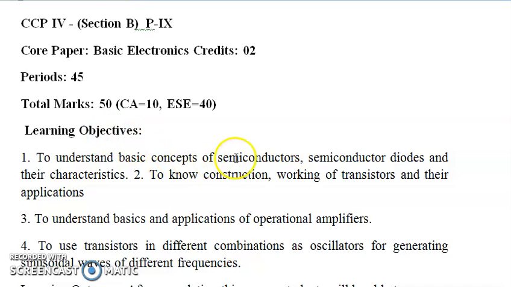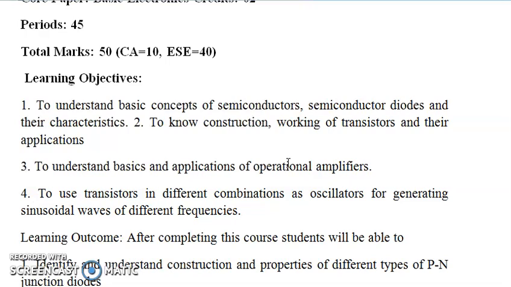Learning objectives: to understand the basic concepts of semiconductors, semiconductor diodes and their characteristics, to know construction, working of transistors and their applications, to understand the basics and applications of op-amp, to use transistors in different combinations as oscillators for generating sinusoidal waves of different frequencies.